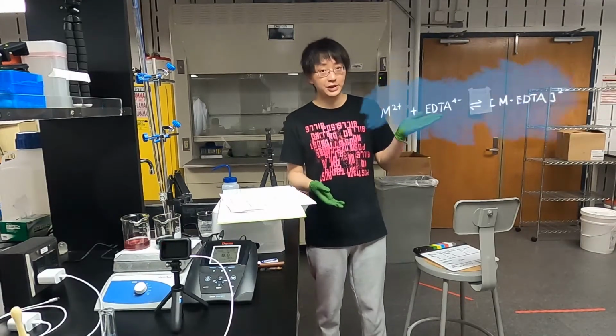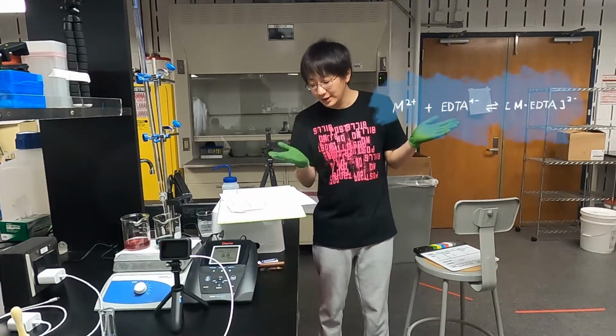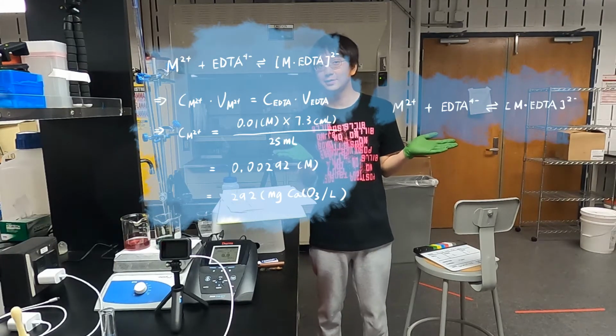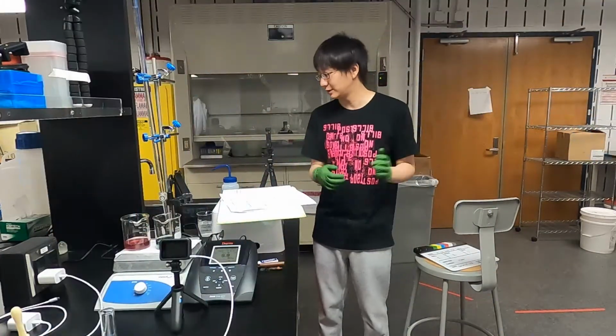We can use this equation to do the calculation, and then we can calculate the concentration of hardness by this equation. And that's it for total hardness.